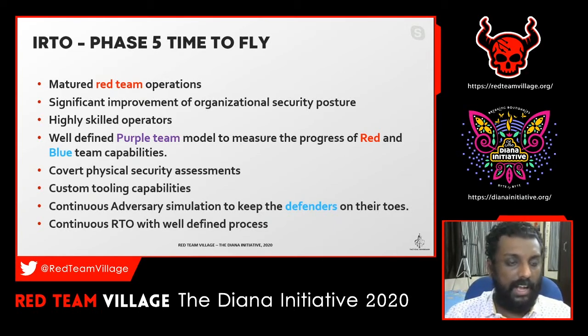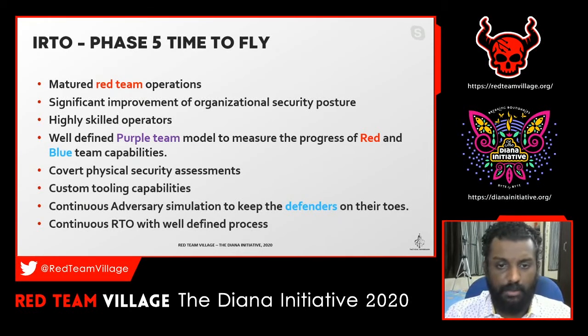Highly skilled operators: by the time you reach phase 5, you should also reach a level where your operators are highly skilled in different sets of adversary simulation and teaming activities. Next point, a well-defined purple team model to measure the progress of red team and blue team capabilities.